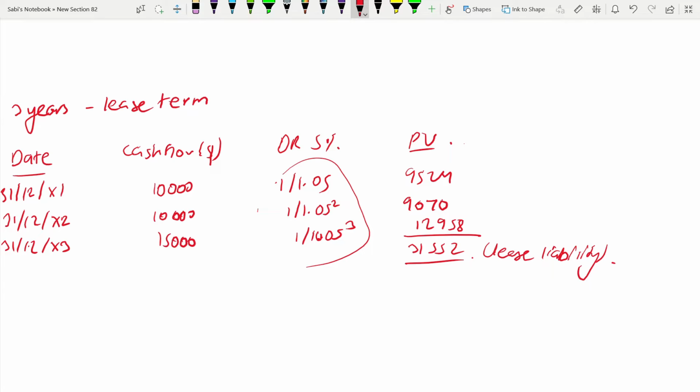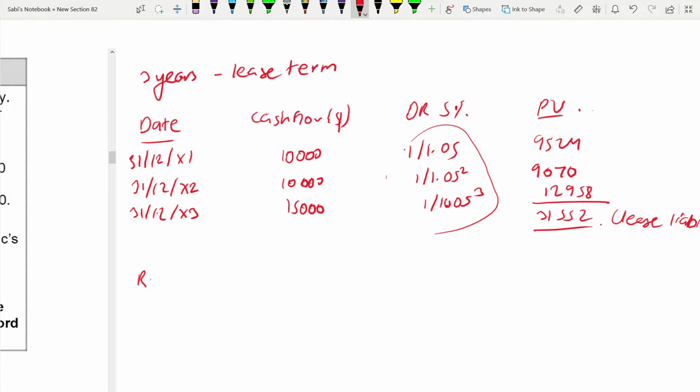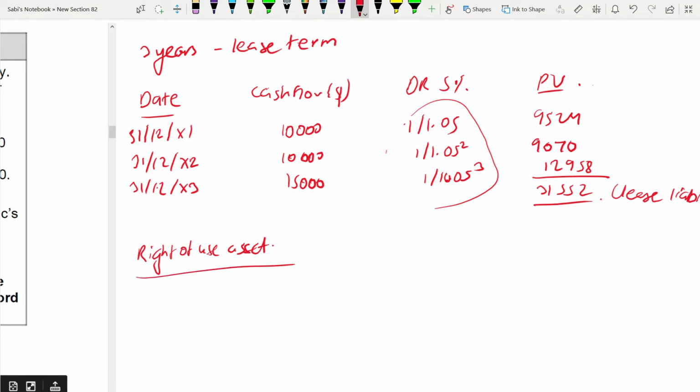Once this is done, we come to the right of use asset. This is how you do it. These are the formulas; you need to memorize them. Initial liability value first. The initial liability is what we have just done, 31,552.